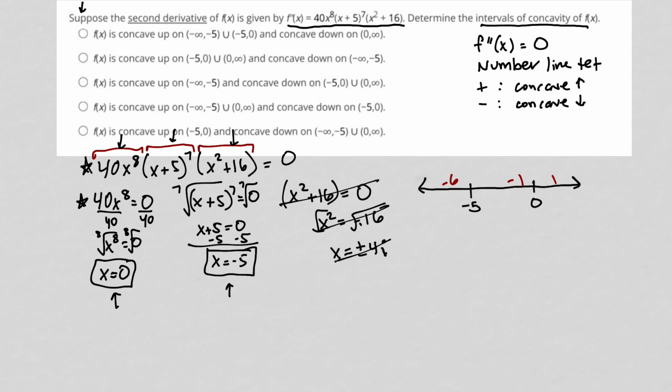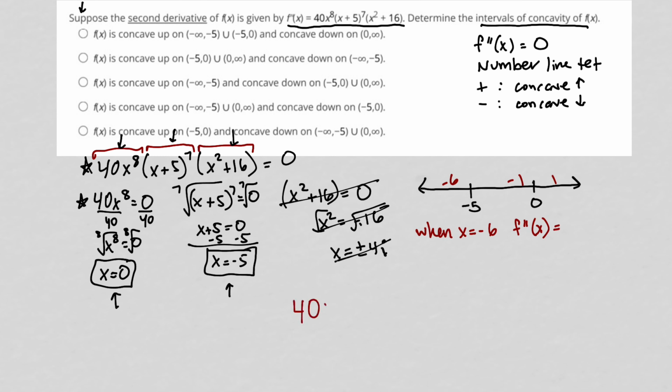So what's happening when x equals negative 6? So when x equals negative 6, f double prime of x is positive or negative. That's really all I care about. So when I plug negative 6 into my f double prime, let's just write it out here.